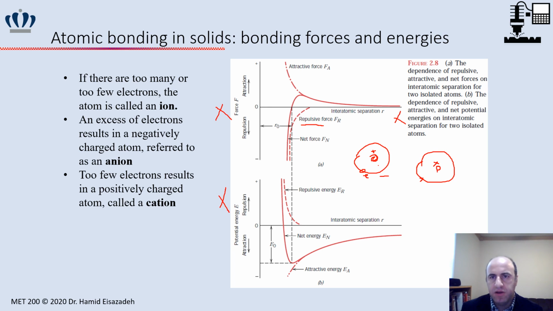At a certain point, we have a state of equilibrium. That is the location where we have a minimum energy. Here, the definition of an ion and cation is here for you to review.